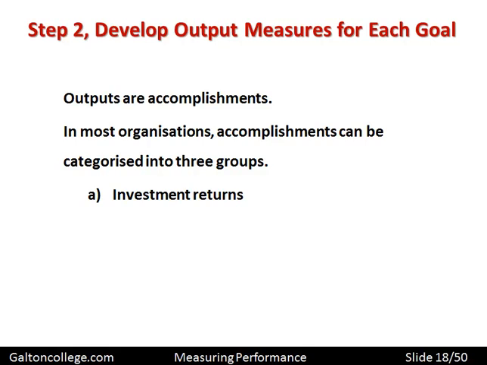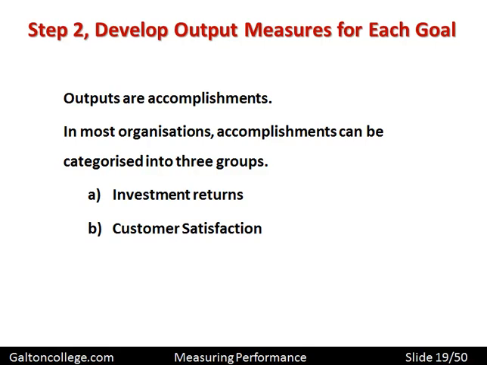So if the business gives them a return of, let's say, 6%, but they could have got 7% in the bank, let's assume, then putting their resources into this business was a bad decision. Starting the business was a bad decision. They could have got a better return elsewhere. So it's important that investment returns are worked out, because these are measures of the extent to which the investment in the first place was a good idea.